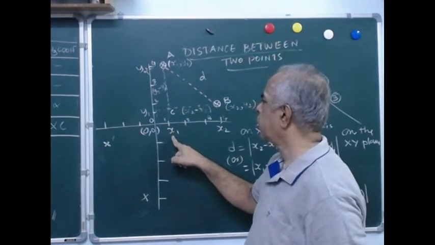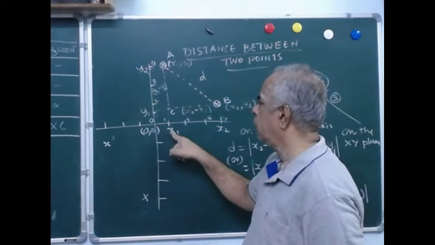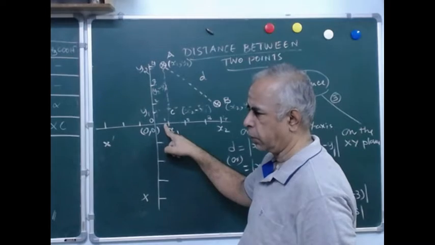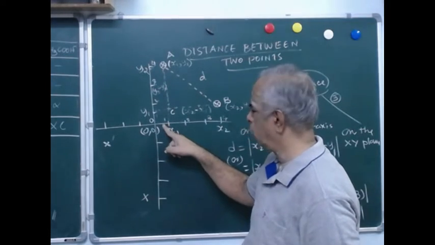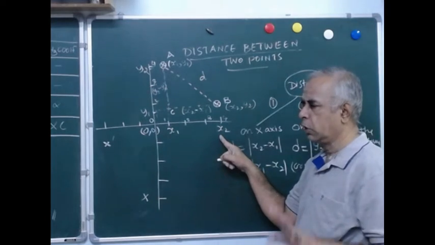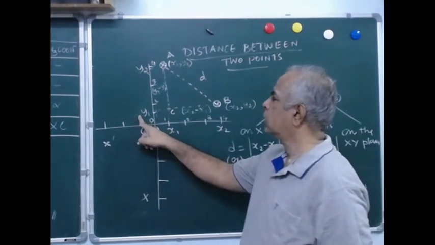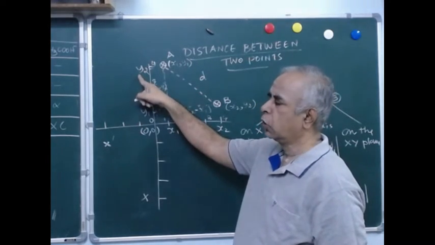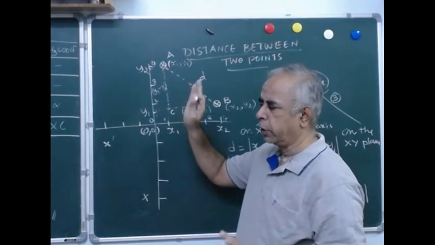Can you get me the point x1 here? x1 is 1. How to represent that? This point is 1, 0. What about this? 4, 0. Got this point? And what about this y1? This is 0, 1. What about this? 0, 4. I hope now it is very clear.